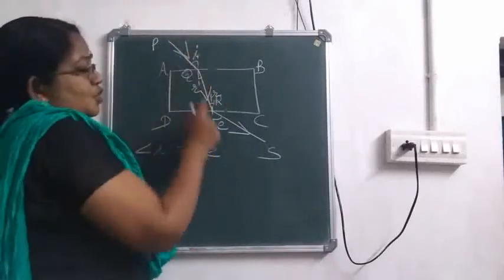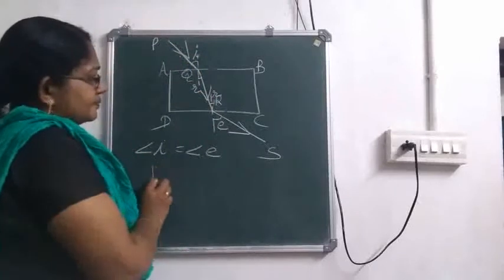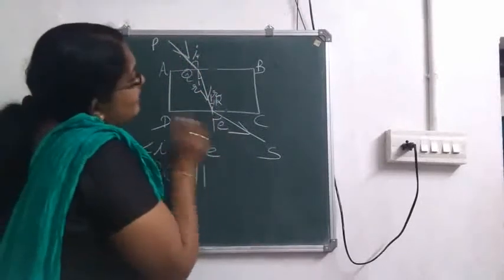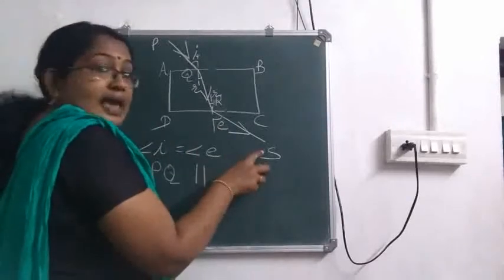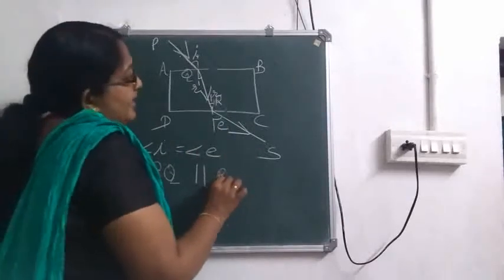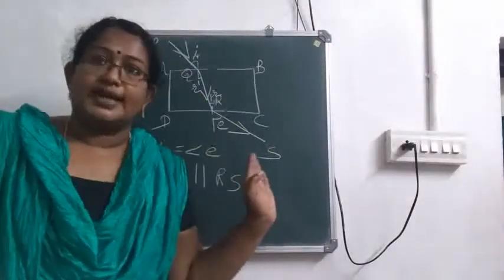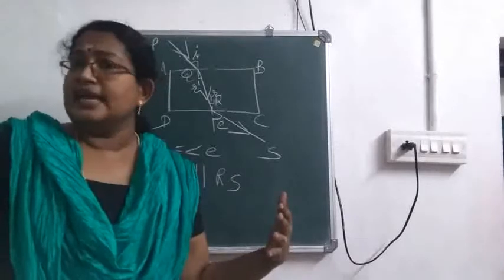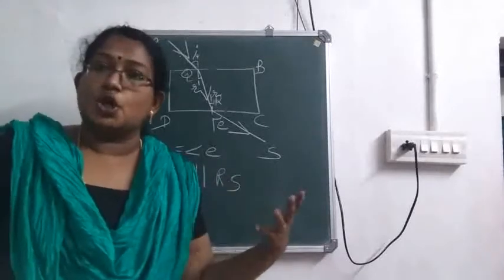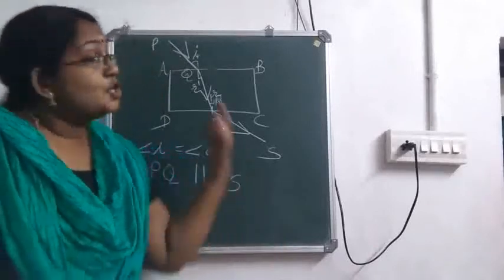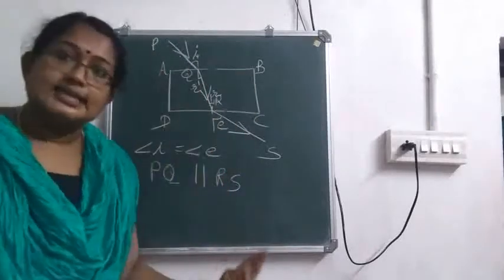Then, so what happens? This incident ray, PQ, will be parallel to the emergent ray, RS. Okay. So, this diagram is important. It can come for the exam. That is to draw or show the refraction of light through a rectangular glass slab. So you have to draw it and mark the entire thing.